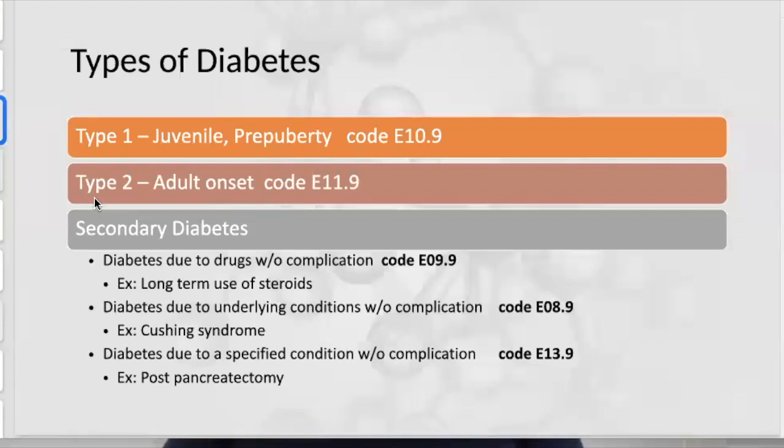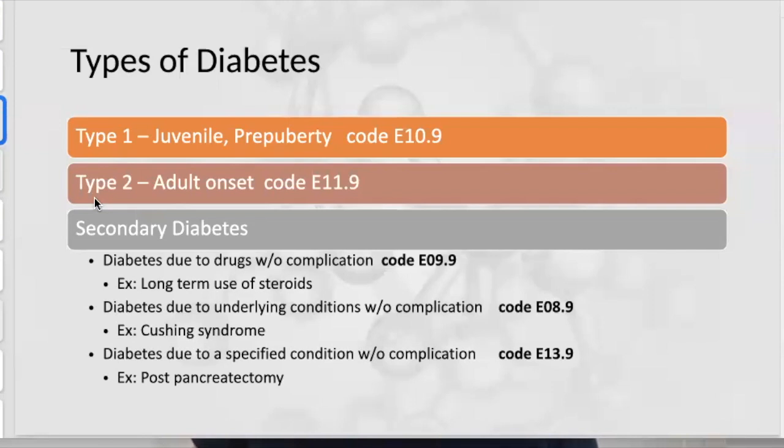An example for that would be someone who is subjected to long-term use of steroids. And I see this a lot, guys, when I review clinical documentation and the patient is subjected to long-term use of steroids, chances are this person will become diabetic in the long run.